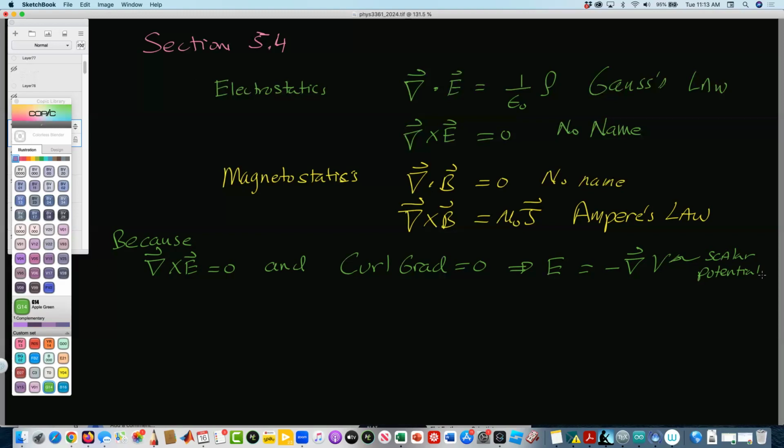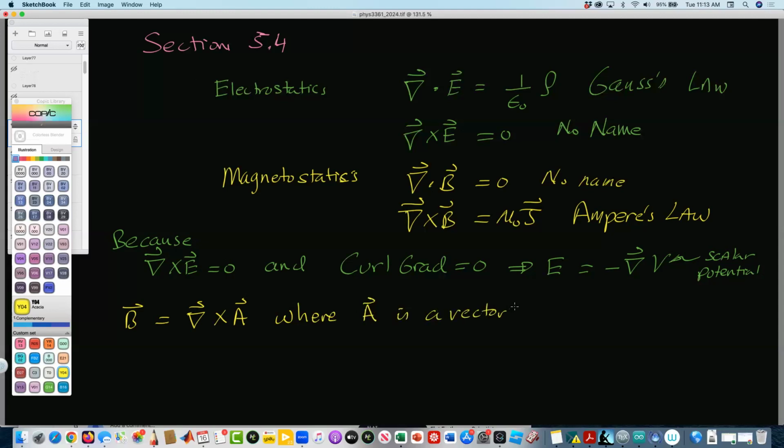So for magnetostatics, B is equal to del cross A, where A is a vector potential.